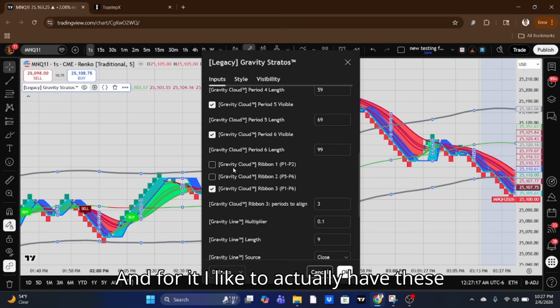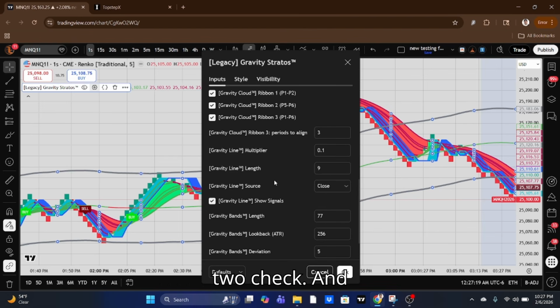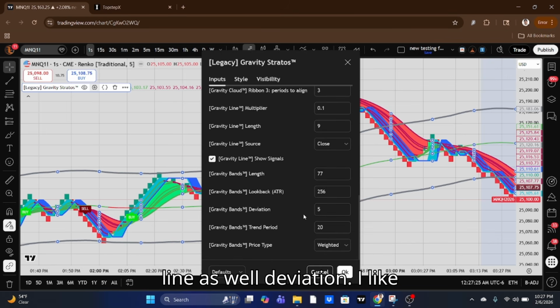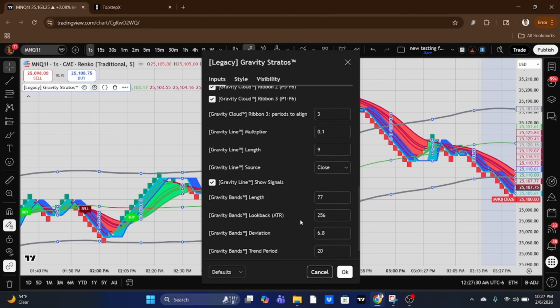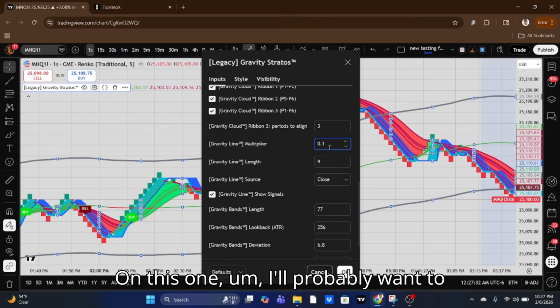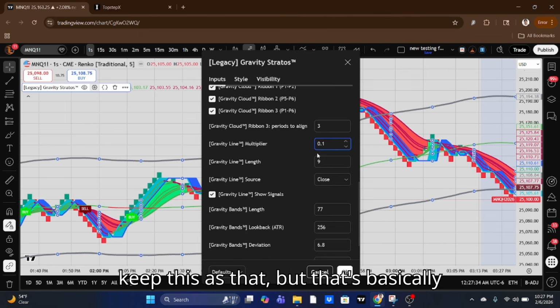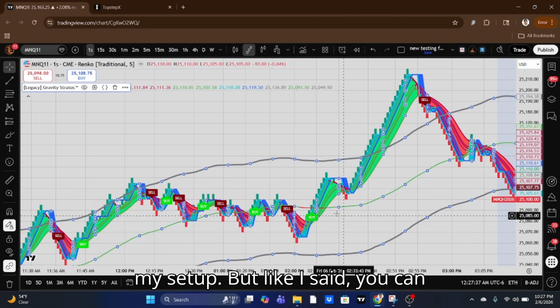And first, I like to have these two checked. And then you can customize the gravity line as well. Deviation, I like to keep this at 6.8. On this one, I probably want to keep this as that. But that's basically my setup.